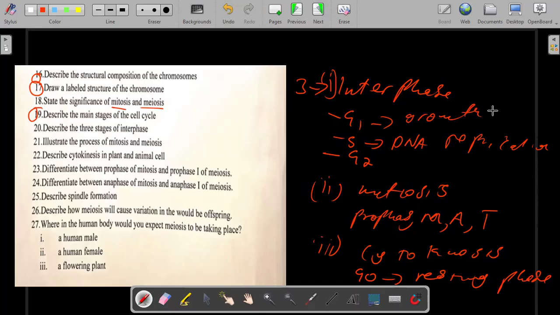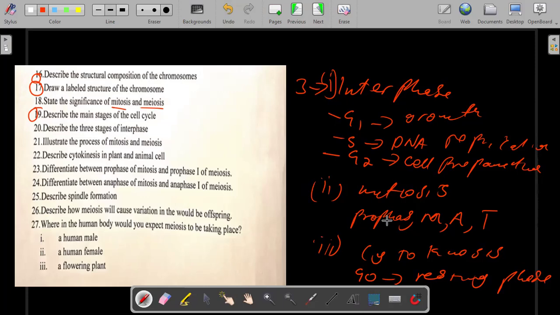Then here we have DNA replication, and then in the G2 phase, that's where the second growth is going to happen. Here you have the cell preparing itself to undergo mitosis or cell division, so you have cell preparation so that it undergoes mitosis or cell division.